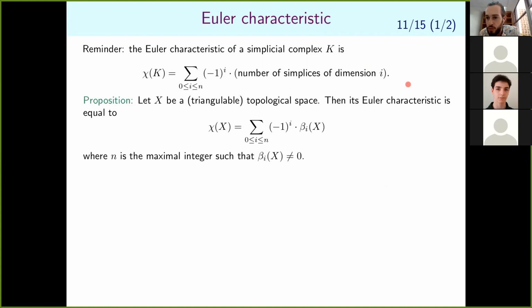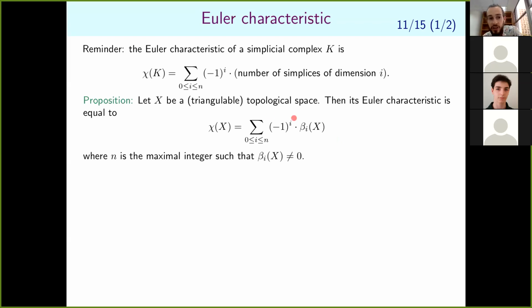And the proposition here is that you can compute the Euler characteristic of a simplicial complex or a topological space via this formula. You take simply the alternating sum of its Betti numbers. There is no number of simplices here.